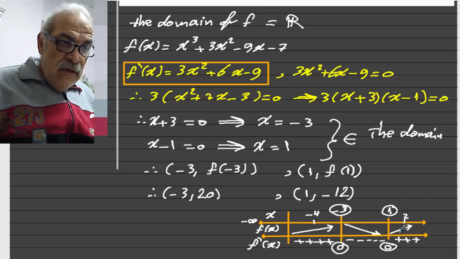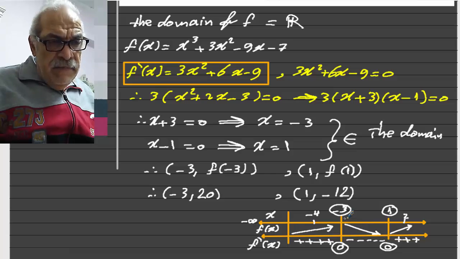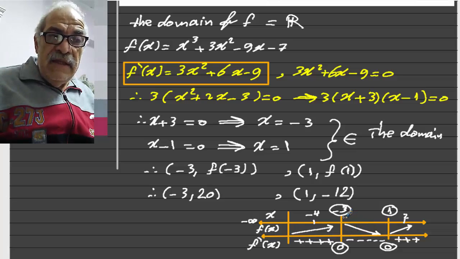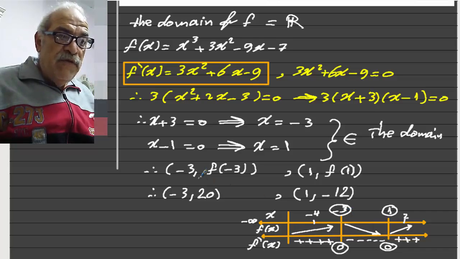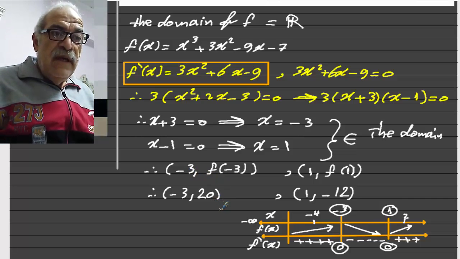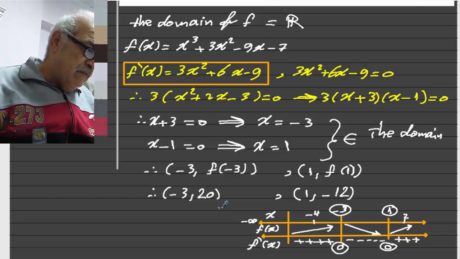Okay, so before x equals -3, the function is increasing, and after x equals -3, the function is decreasing, and at -3 there is a critical point. Then you can say that the point -3 and f of -3, which is 20, is a local maximum value.